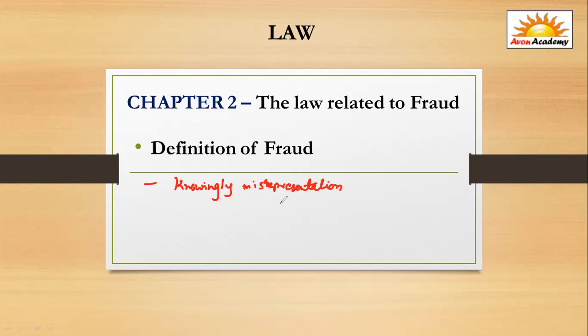So it's a willful misrepresentation of the fact, or we can say the concealment of the fact. Okay, so that means you are trying to conceal certain information for your purpose.